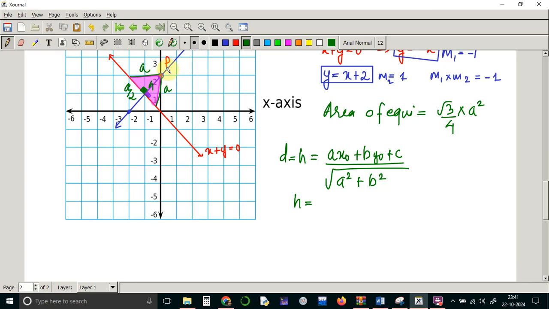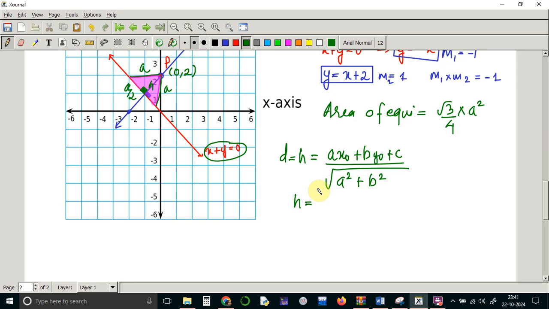So what is my x naught? My x naught is 0 and y naught is 2, and the name of that line is this.